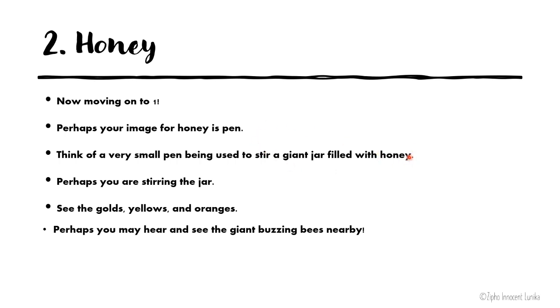So you're using this ridiculously small pen to stare at this giant jar filled with honey. We're using 2 elements here. We're using exaggeration, making things bigger. We're using contraction, making things smaller. Perhaps you stare at the jar and see the golds, yellows, and oranges. You can also use smells. You can also use sound. So add as many elements as possible. This will make the image as memorable as possible.